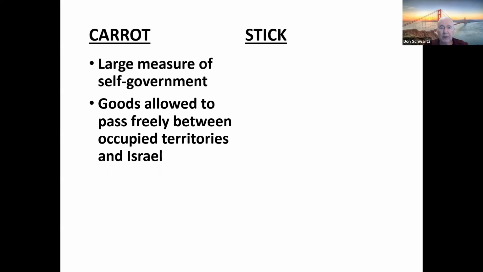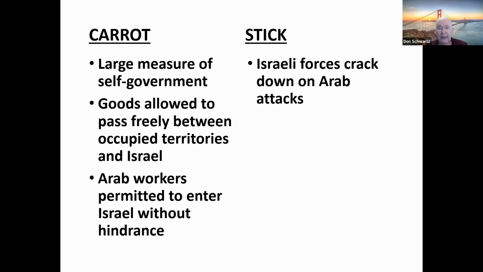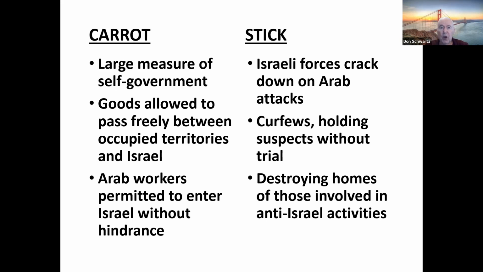Goods were allowed to pass freely between these territories and Israel, and Arab workers were permitted to enter Israel without any hindrance. On the other hand, Israeli security forces cracked down against Arab attacks. It imposed curfews, it held suspects without trial, and it bulldozed homes of families involved in anti-Israeli activities.